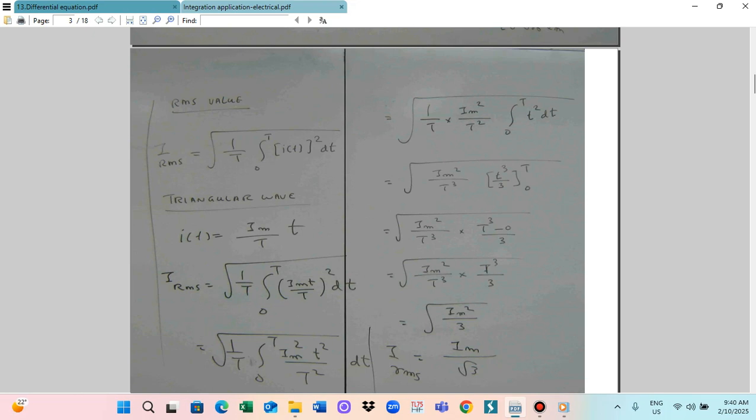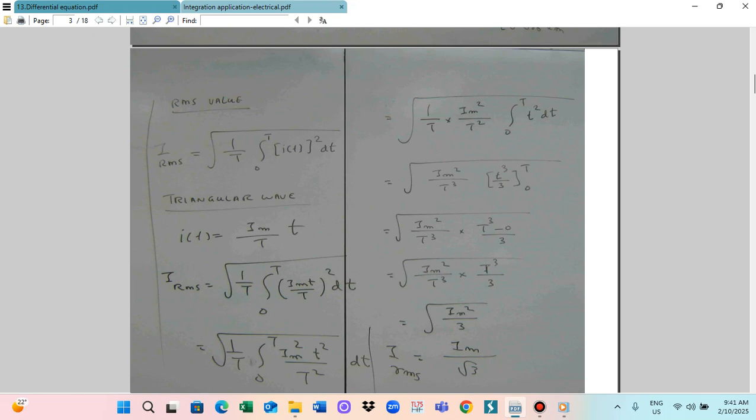So that becomes the square root of Im square by T cube. Upper limit you substitute T power 3, lower limit is 0, divided by 3. So the T cubes are cancelled. This becomes the square root of Im square by 3.